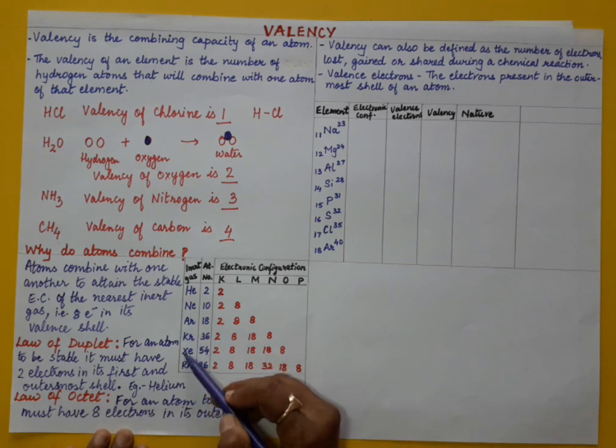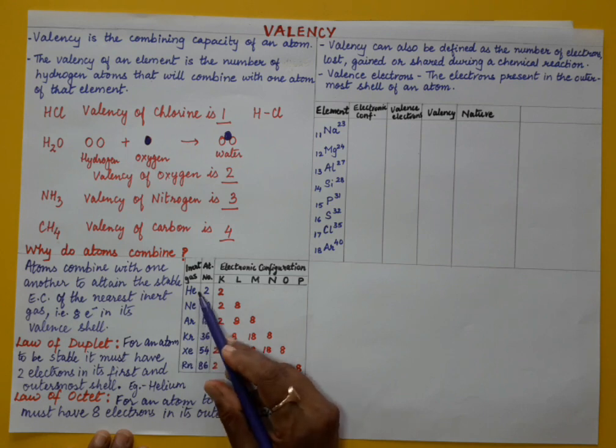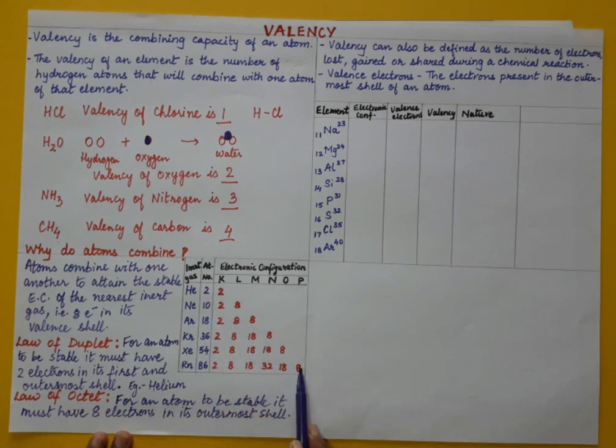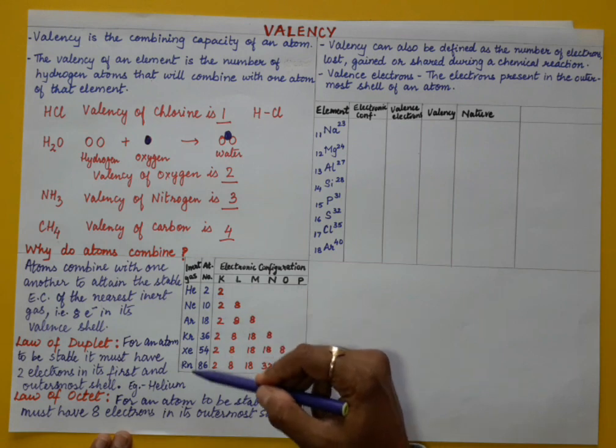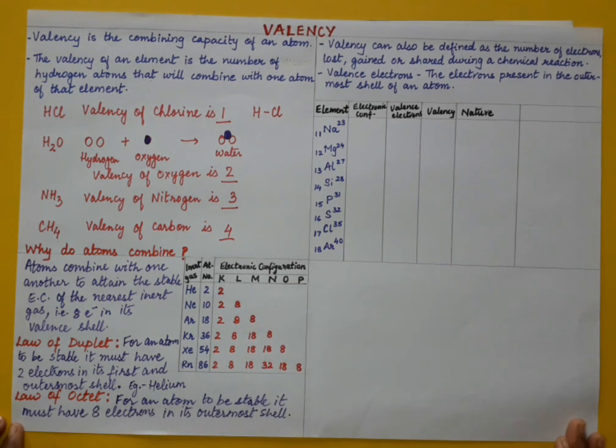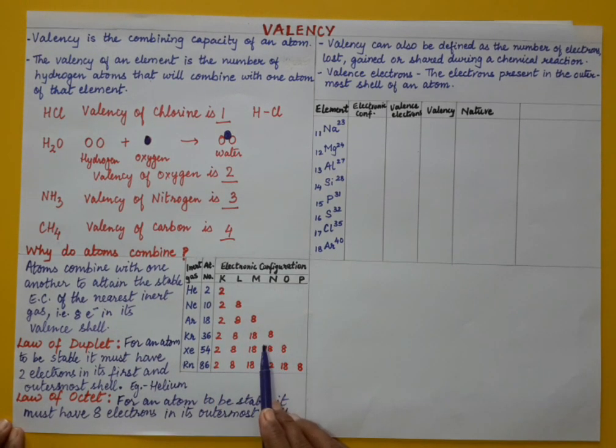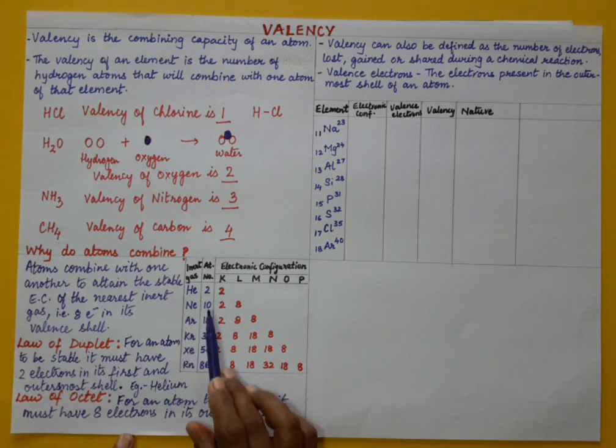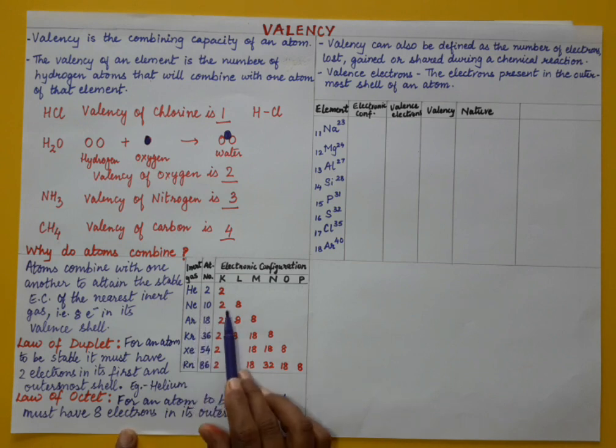All the noble gases or inert gases other than helium, you will see all of them have 8 electrons. So these are the only 6 elements in the periodic table that are stable, whose octet or duplet is complete. Helium's duplet is complete and neon, argon, krypton, xenon octet is complete.